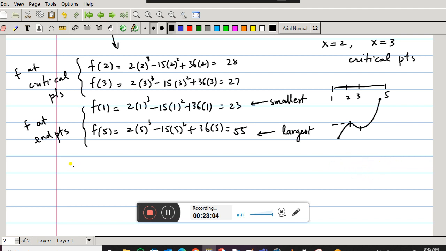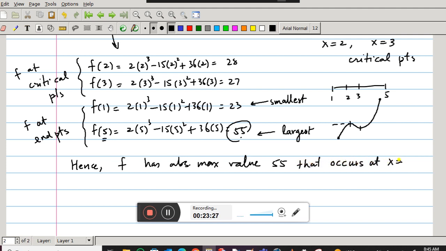So now I can say that hence f has absolute maximum value 55, right? And that occurs at x equal to 5. And f has absolute minimum value.